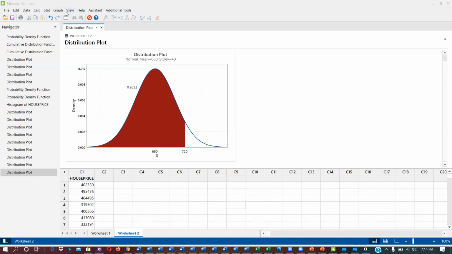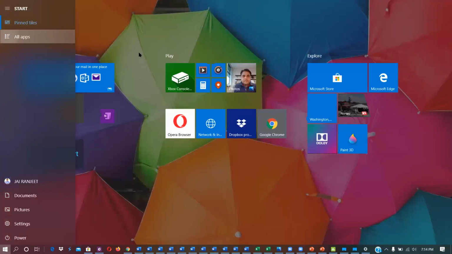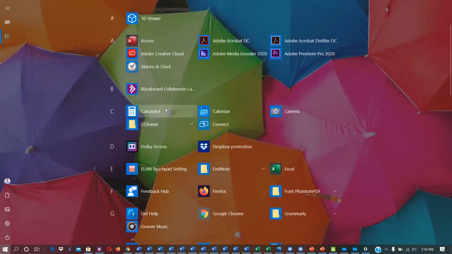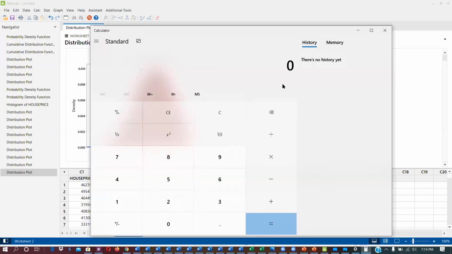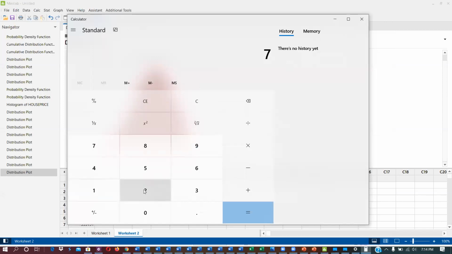So here is my question. I would like to make a difference between percent and percentile. And let me start my calculator. So in the traditional way, 720 I scored. What is the total GMAT score? GMAT total is 850.